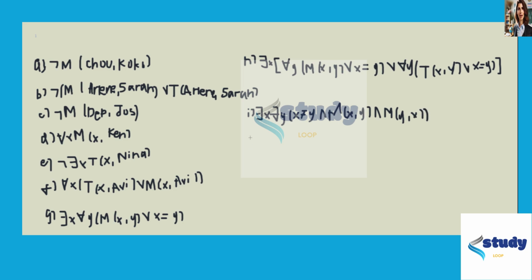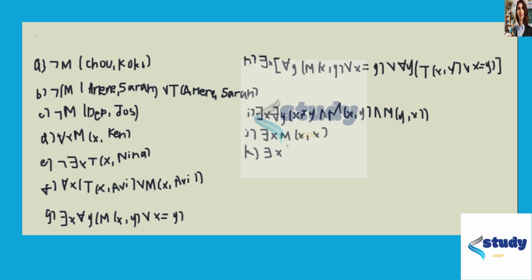For J, this is the same as saying there exists a student x who sent x an email message. So M(x, x).